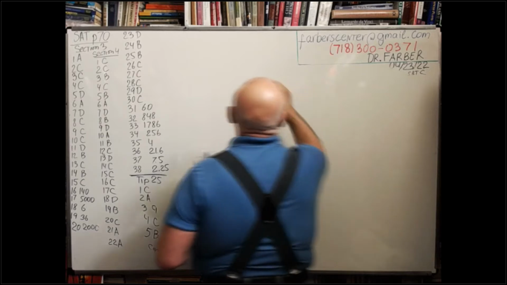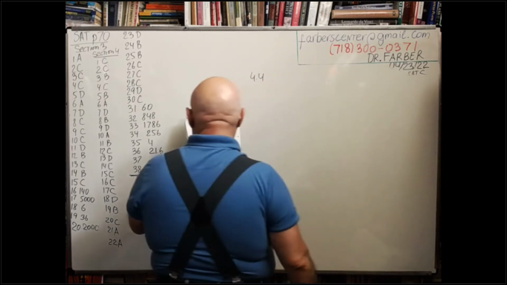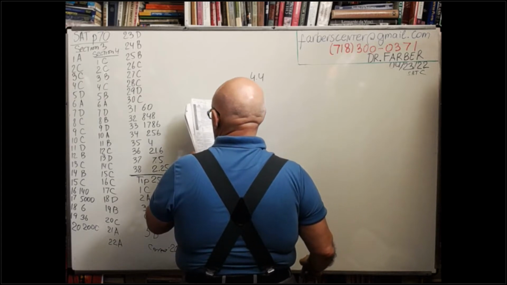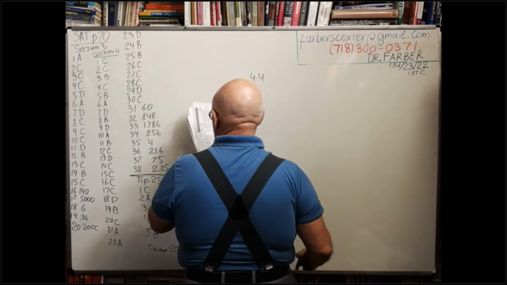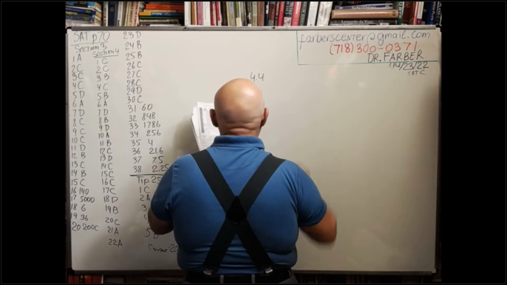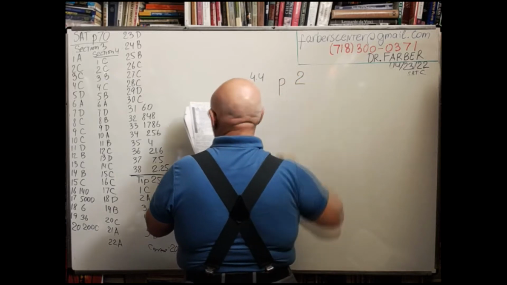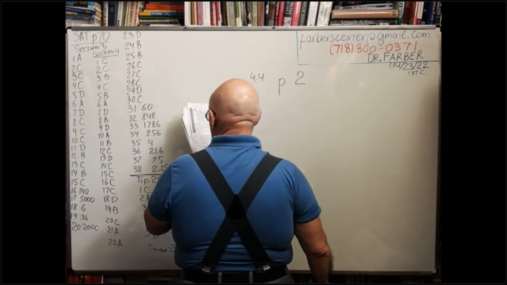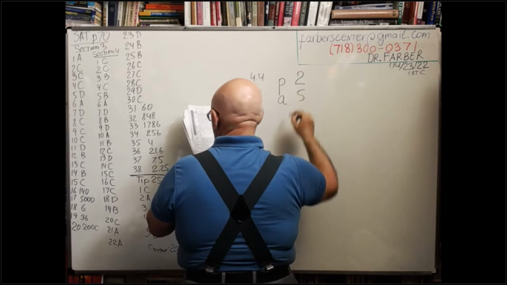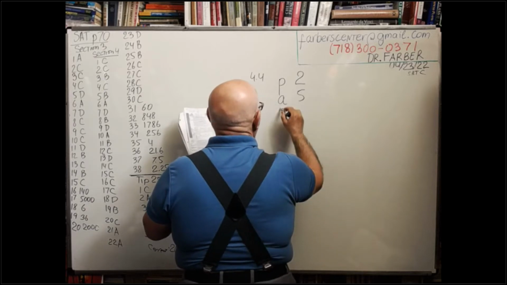In 4-4, what is given? Okay. Instead of these long Latin words, I name them: slides of P, 2 slides. Slides of A, 5 slides. Slides of M, 3 slides.